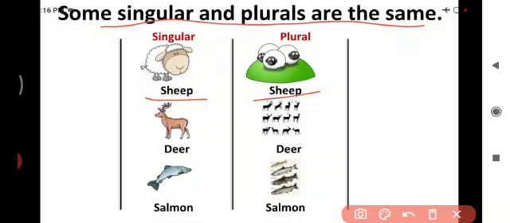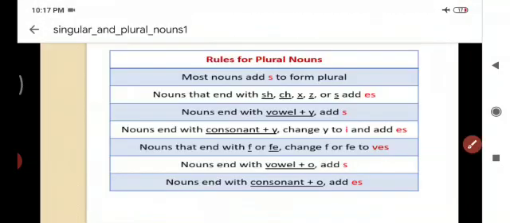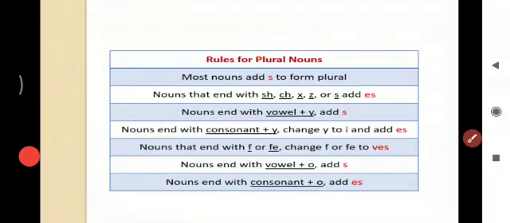In some cases, like these examples, deer, deer, salmon, salmon, we are using the same for singular and plural. Okay, children. So that's the end of singular and plural.